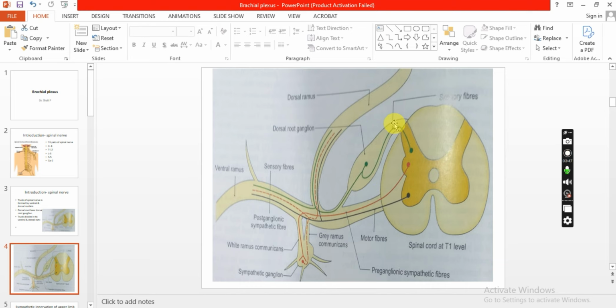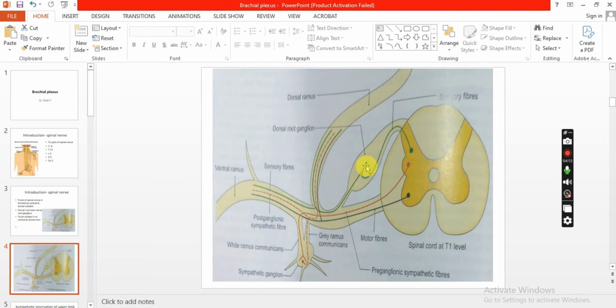The ventral and dorsal roots unite with each other to form the trunk of the spinal nerve. The dorsal nerve root bears a small ganglion here. This is called a dorsal root ganglion or spinal ganglion, otherwise called a sensory ganglion. Here we have a collection of neuronal cell bodies.